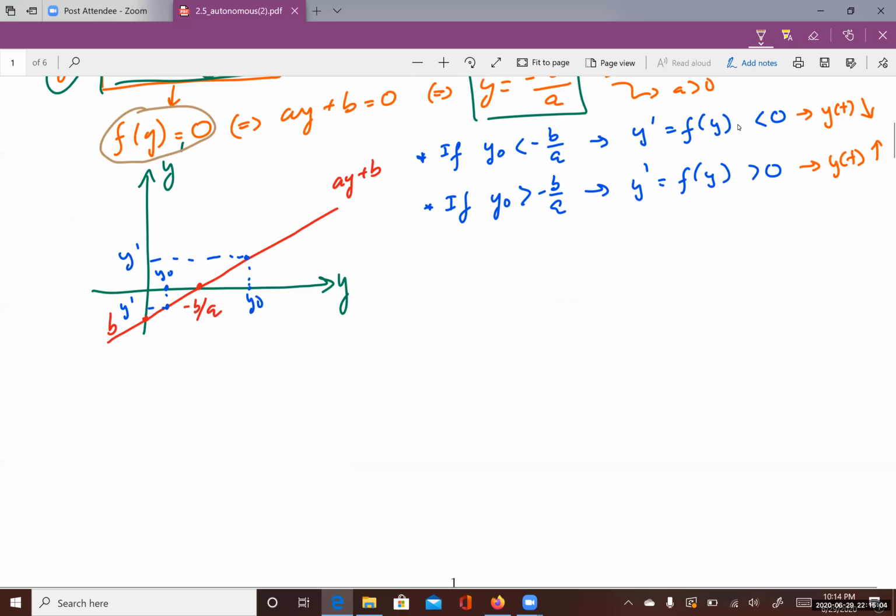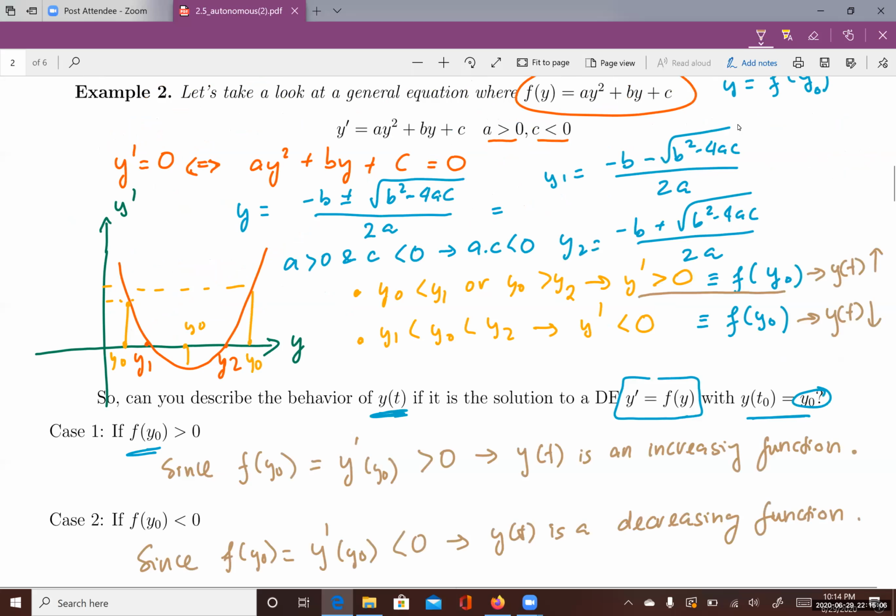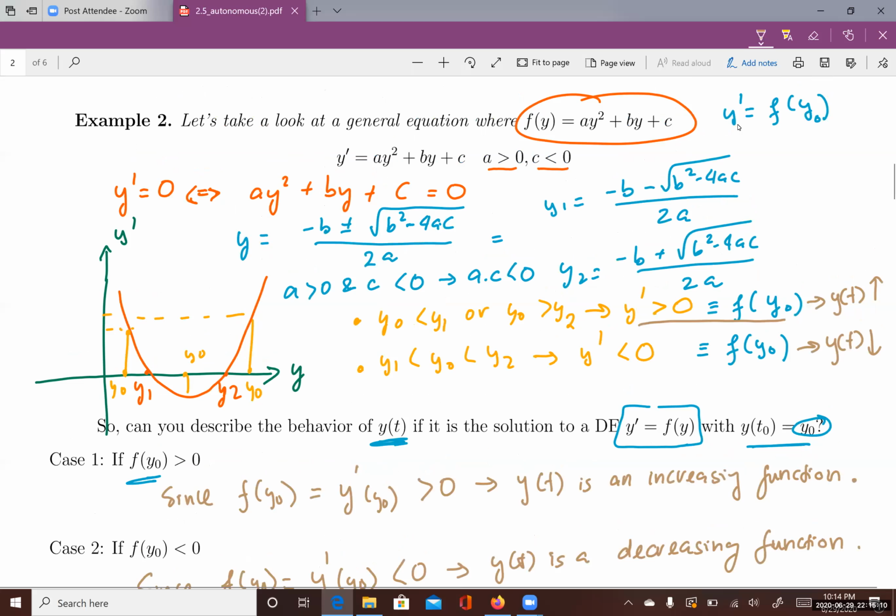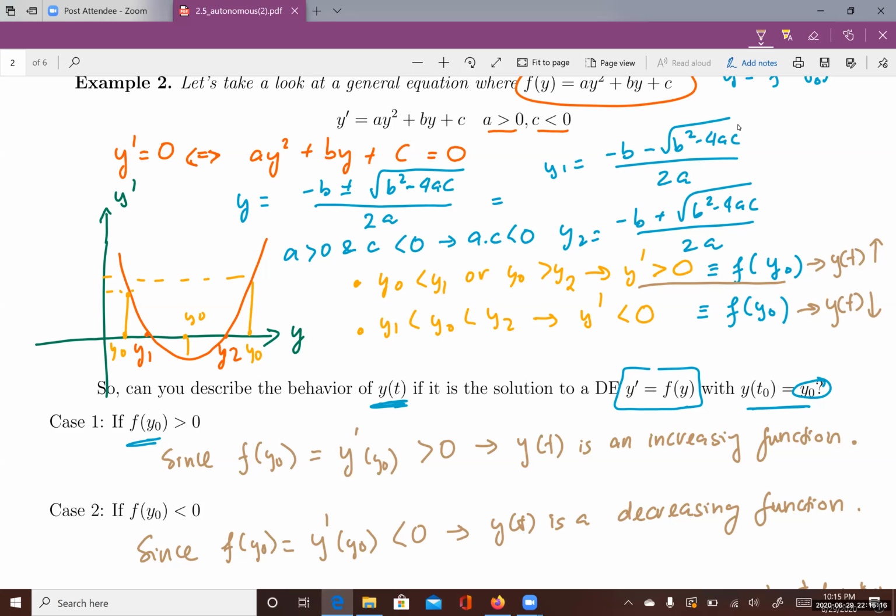In a very similar fashion, if you have a quadratic as f of y, again, you just need to find the equilibrium solutions when you set the function equal to 0. Since you have a quadratic, you have two different equilibrium solutions, y1 and y2. Then you have 3 intervals to make comparisons for your solution curves.